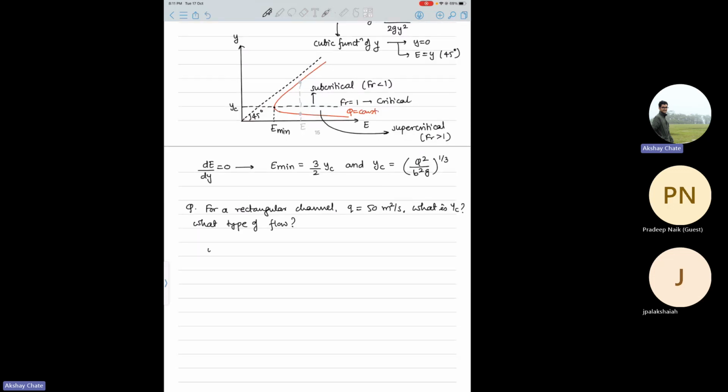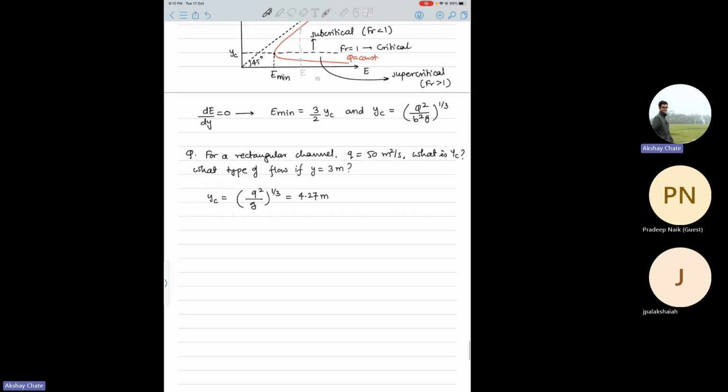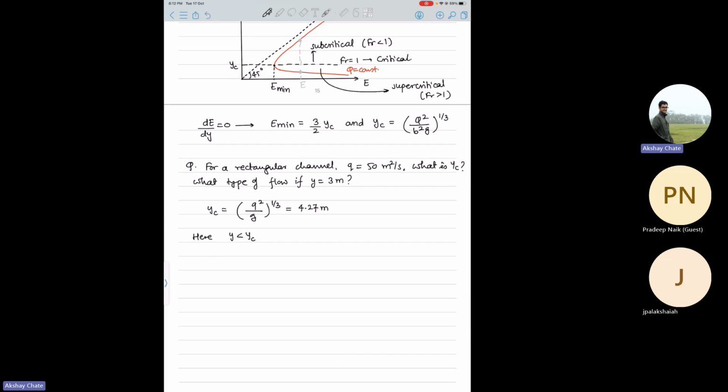So you can use the formula for yc, which in terms of small q will become (q square by g) to the power 1/3, and it will give you 4.27 meters. You can cross check this answer later. Yeah, and what type of flow exists if your y is 3 meters, so your flow depth is 3 meters. Here you can see, right, your y is less than yc, so that falls under the regime of supercritical flow, right?